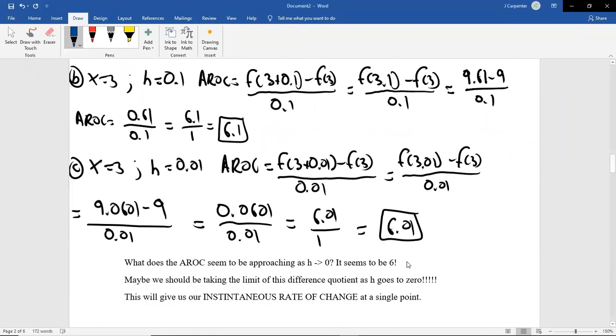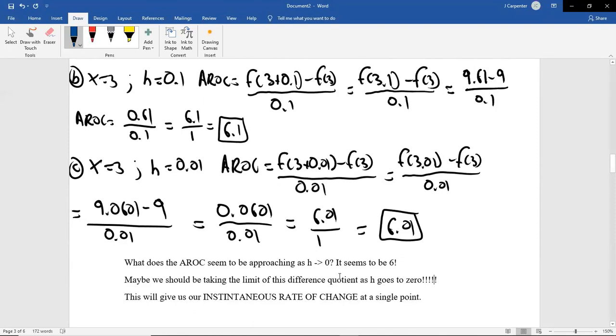So what that is suggesting is that if we want to take those 2 points, x1 and x2, and merge them together, let's just take the limit as this h goes to 0. We want to squish them together, which means the h goes to nothing. The x1 becomes the x2. So we say, maybe we should take the limit of this difference quotient as h goes to 0.